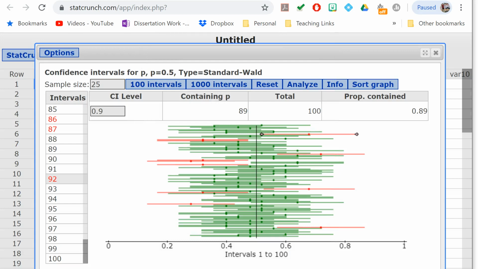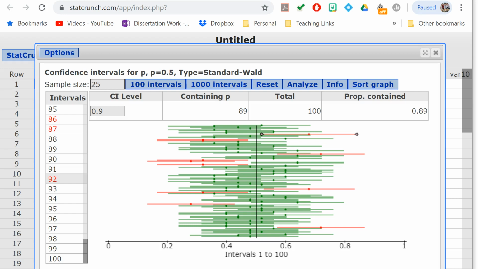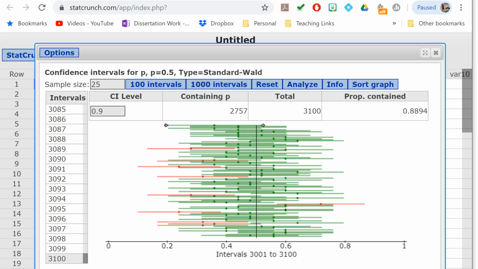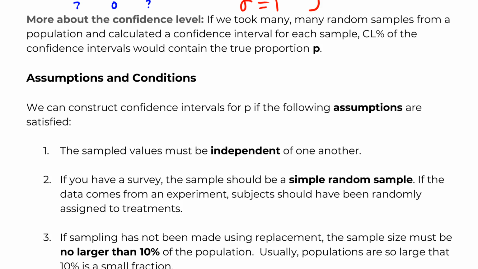So you can see here, when we did this, 89 of these intervals contained the real value, which is really close to our 90%. And that's what the 90% actually means. If we were to do this a whole bunch of times, we'd expect around 90% of the intervals to contain the real value. So that's the whole purpose of our confidence level.